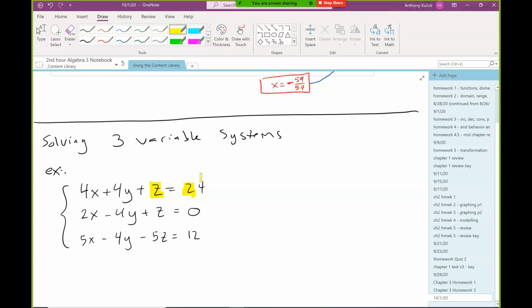I see this happen with students frequently. I would encourage you on these problems to put a bar through your z's so you can tell the difference between a variable and a number. You don't have to do that, but I think it's probably a pretty good idea. Everybody okay with that idea? Okay. All right.